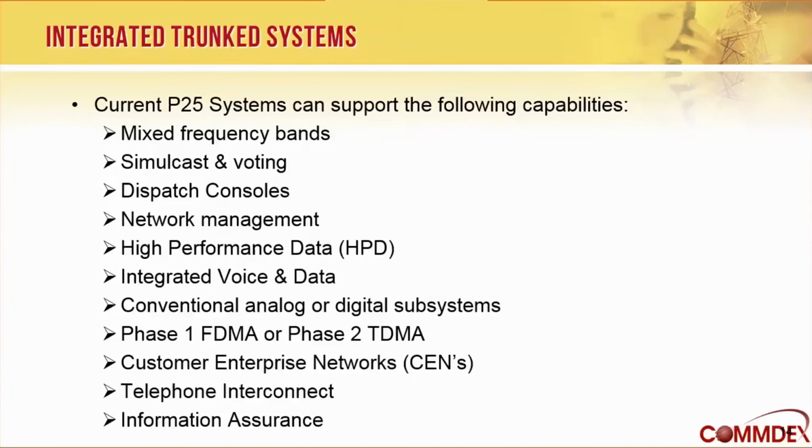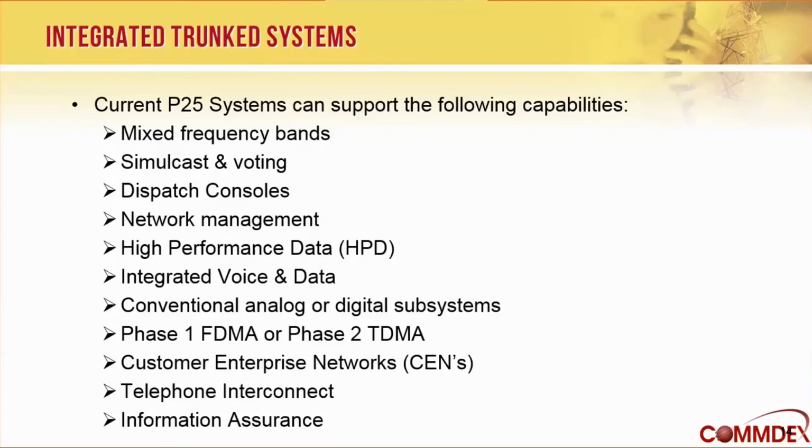So what can a trunk system do? Well, today a trunk system can do a lot of different things. It can support multiple frequency bands. So we talk about a 700 and 800 megahertz system, but trunk systems really aren't defined by their frequency. A single trunk system could support multiple frequency bands at the same time. A system can also support both simulcast and voting, and we talked about what those are.